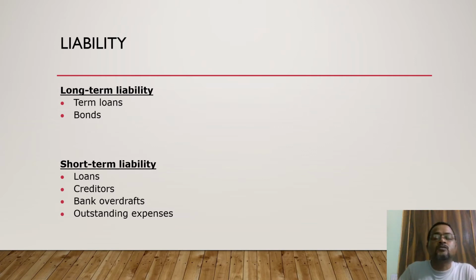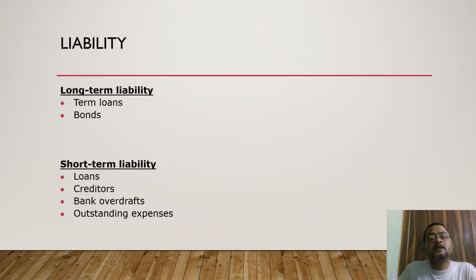Long-term liabilities include term loans which come from banks or other financial institutions. A loan can be generated from a government institution like NABARD.